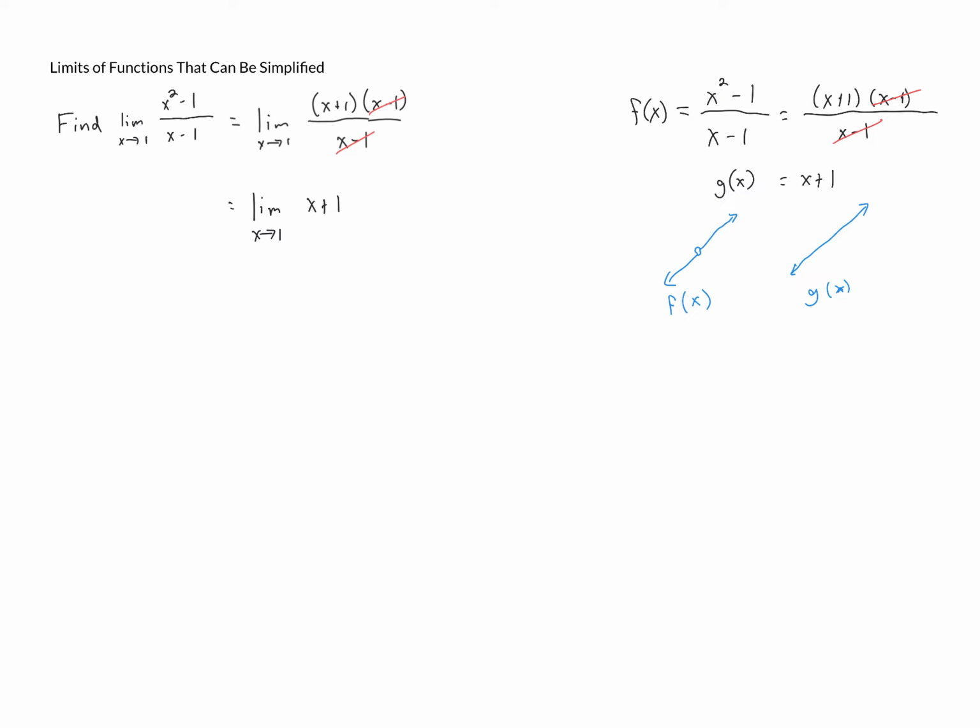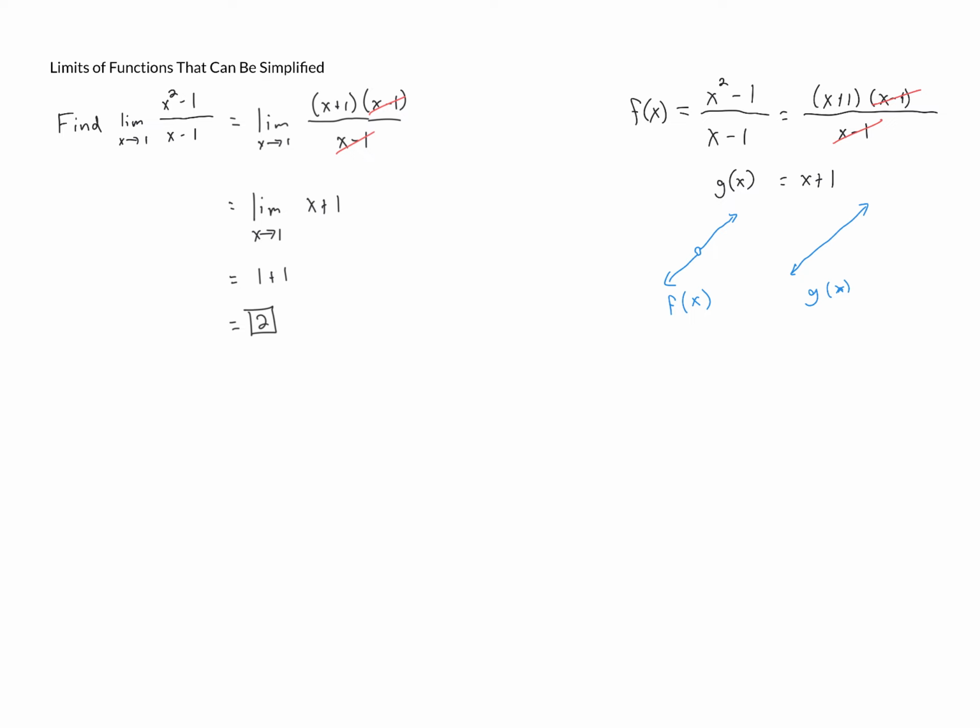And now this is a linear function, which falls under the category of polynomial functions. And so we can use the direct substitution property here. So substituting in 1, we get 1 plus 1, or 2. So in this case, the limit is 2.